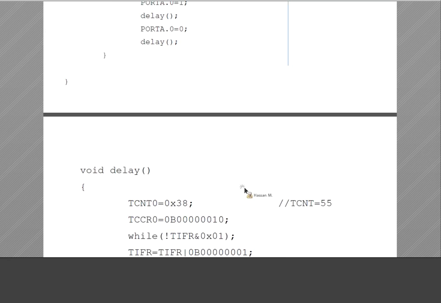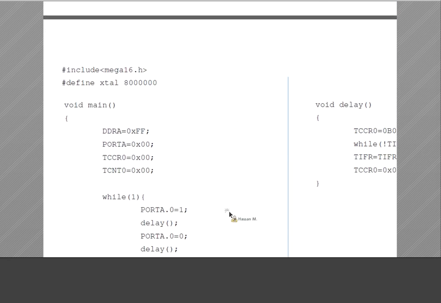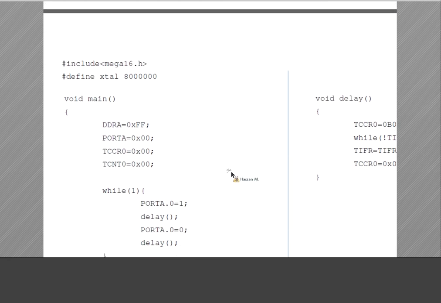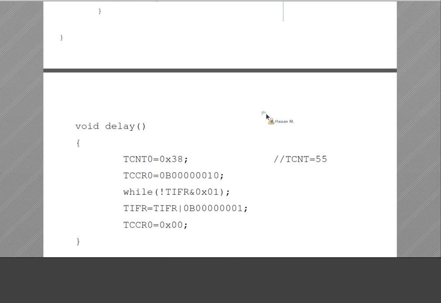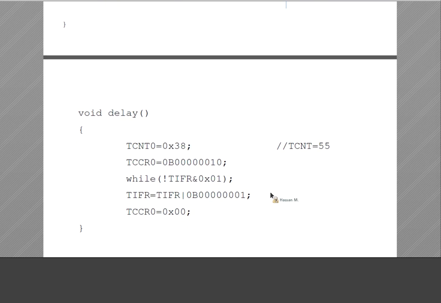The crystal is 8 megahertz divided by 8, so each clock cycle is 1 microsecond. The result of these two statements is a 200 microsecond time generation.